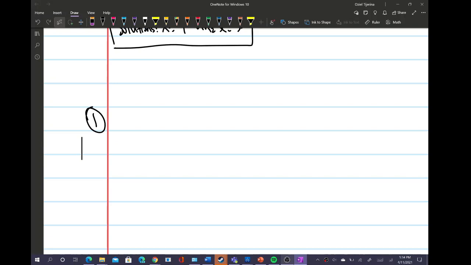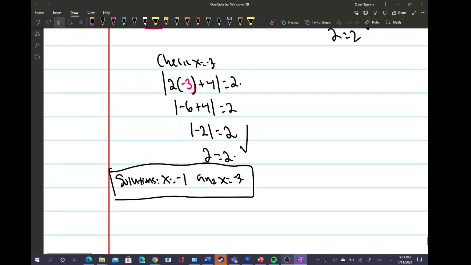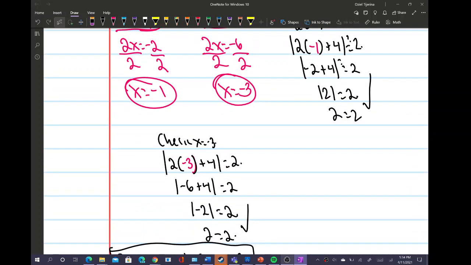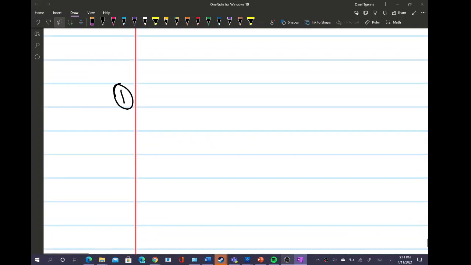With absolute value equations, you can always check to see if they're solutions, and if they're not, it'll tell you once you check it back in. With inequalities, there are certain ways to know whether or not they have a solution without even working it out.